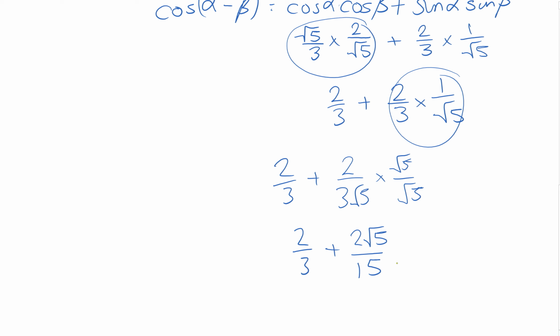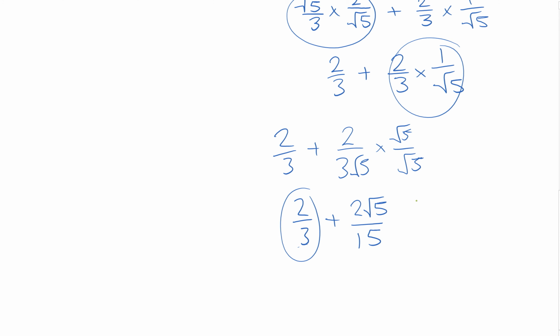Now we can see here that we don't have the same denominator, so we've got to make a common denominator by altering this second one. So this is going to be written as, and I'll just write it on the same line for ease of space, that's going to be the same as 10/15. So I've got 10/15 plus 2 root 5 over 15. Now the question says to take a factor of 2/15 out the front.